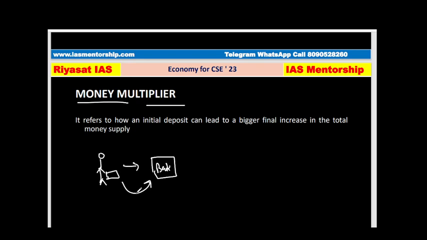You sign an agreement that only after 1 year will you come and take your whole money. The bank says, wow, 1 year? I am the controller of 10 lakh rupees, suppose this is 10 lakh, for 1 year. It's a great thing. Now I should use it in a very good way.